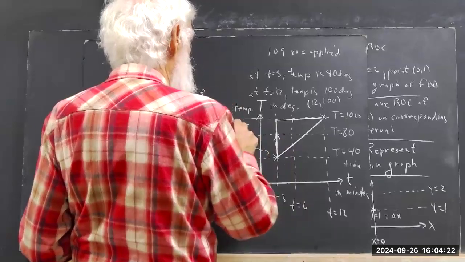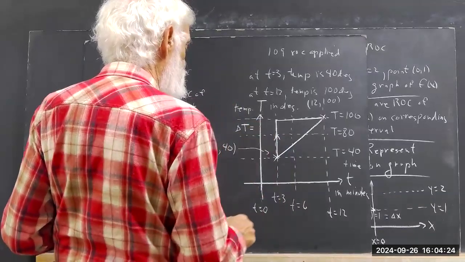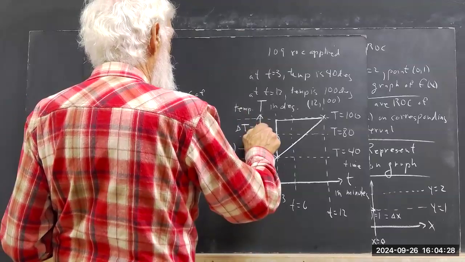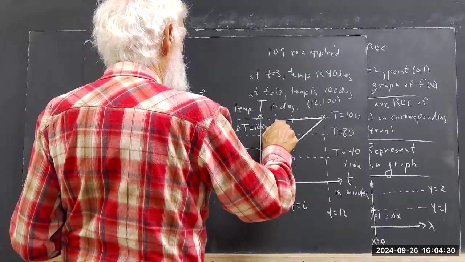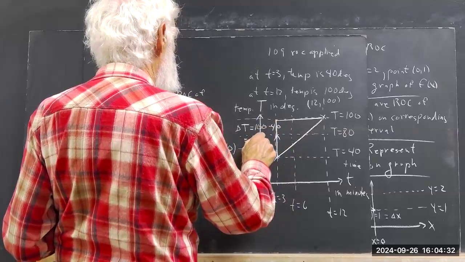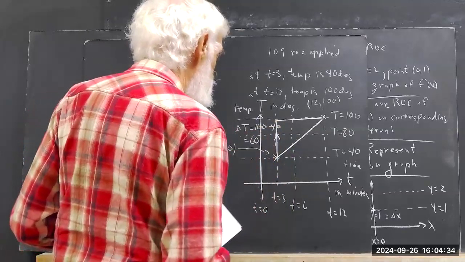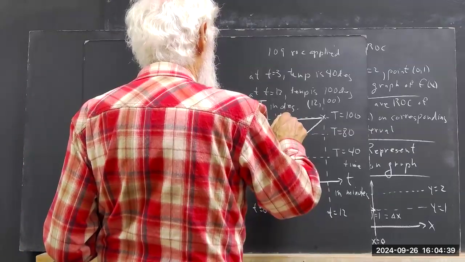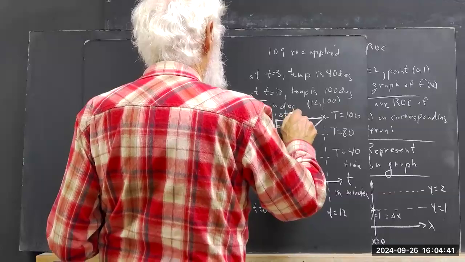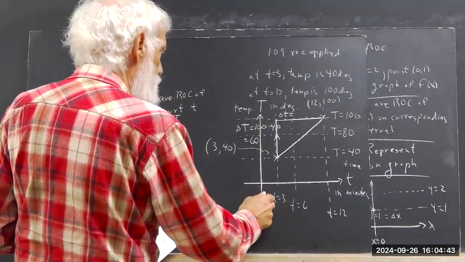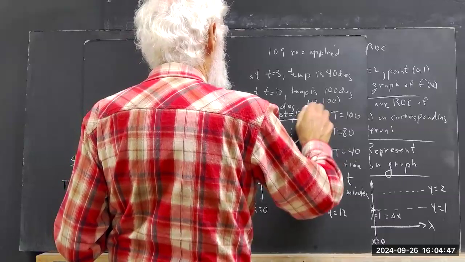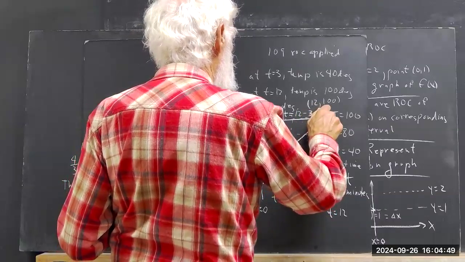Obviously, if you look at the graph, your delta T is from 40 to 100, so that would be 100 minus 40 equals 60. And your change in little t is 12 minus 3, which is 9.